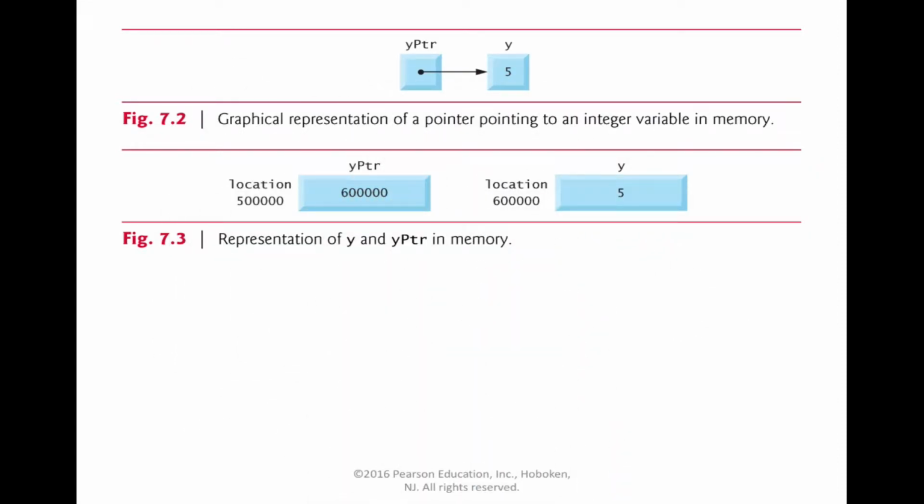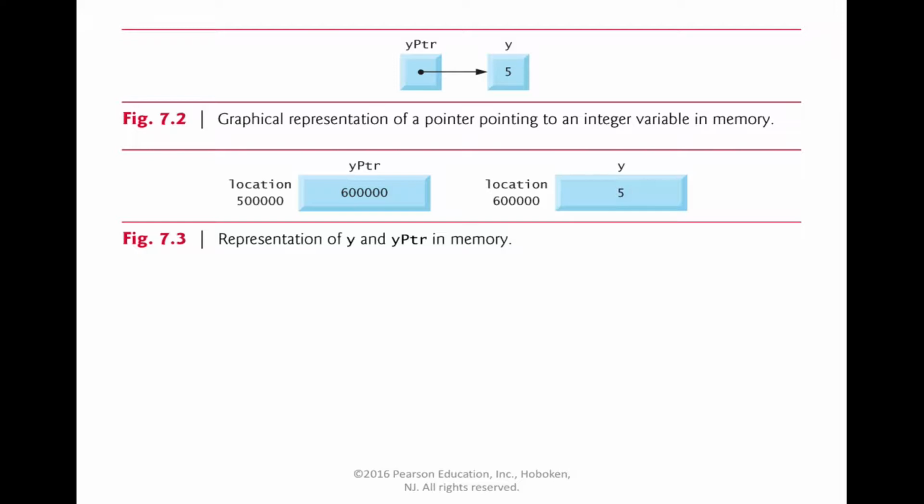So here we have figure 7.2, and we can see that yPtr is pointing to 5. yPtr actually exists at memory location 500,000, and we can see that the value of yPtr at that location is 600,000. Then if we look at memory location 600,000, we see that it holds the value 5.